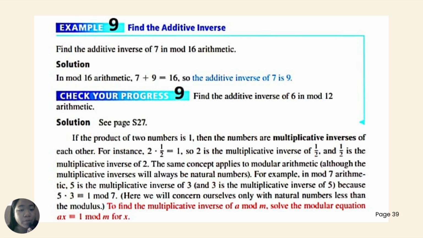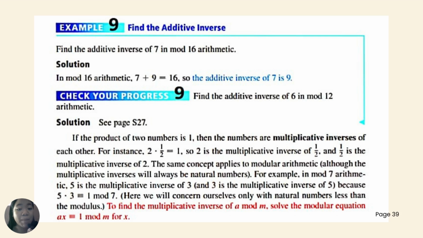If the product of two numbers is 1, then the numbers are multiplicative inverses of each other. For instance, 2 times 1/2 is equal to 1. So 2 is the multiplicative inverse of 1/2, and 1/2 is the multiplicative inverse of 2.